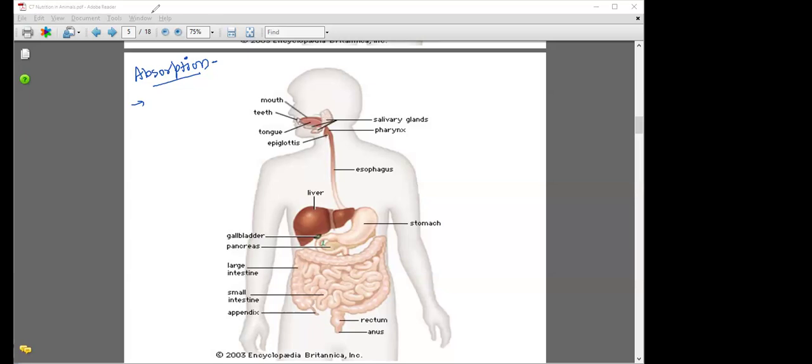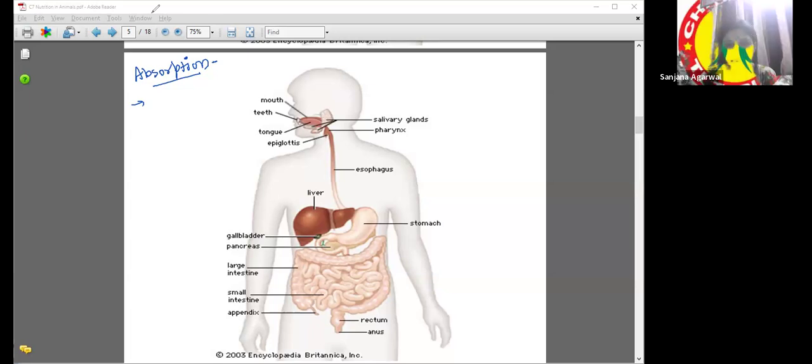Ma'am, can you repeat? In humans, absorption takes place in small intestine where nutrients are absorbed into the bloodstream.